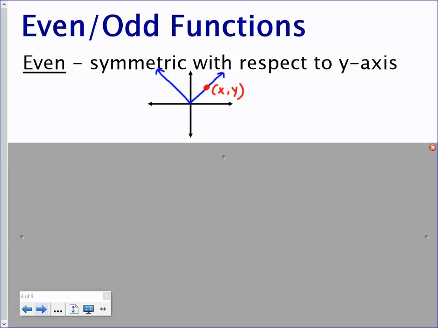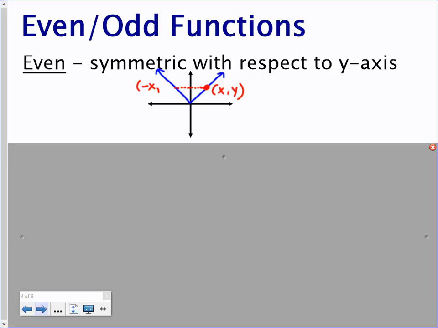Then in order for my graph to be symmetric, on the other side of the y-axis, where I had gone x units to the right, I must now be going x units to the left. So that would be now the opposite of x, or in this case, negative x.